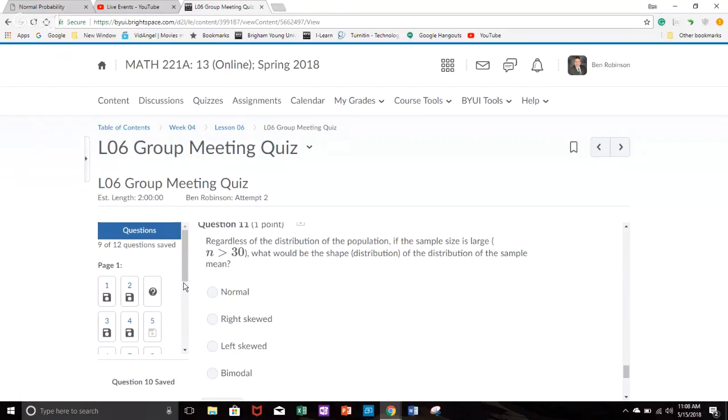This is the central limit theorem, right? If the sample size is large enough, and they say that's 30 for our purposes, then it will always be normal. Okay, thank you. Does that make sense? Yes, I remember now. Thank you.